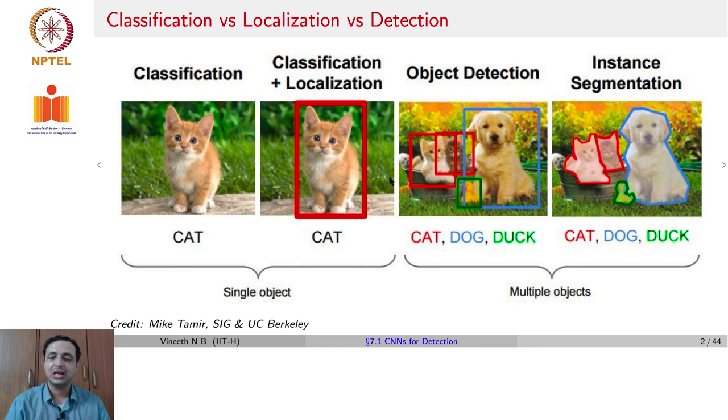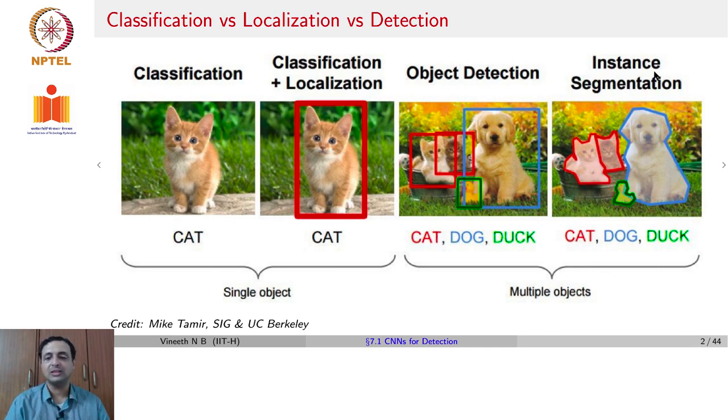In the localization task, there is only one object which you localize, whereas in object detection, there could be multiple objects, multiple instances of the same object. You could have a cat and a dog, or two dogs and one cat, all of these possibilities. The objective here is to recognize each of these objects as well as localize them using these kinds of bounding boxes.